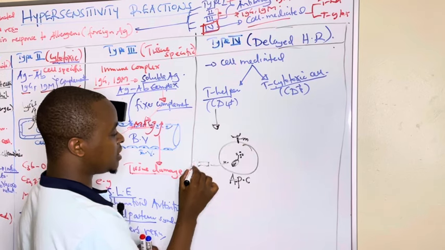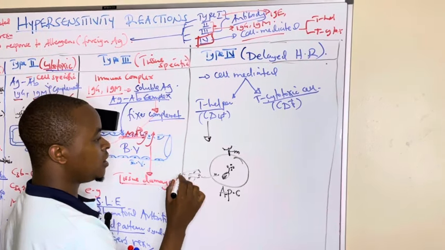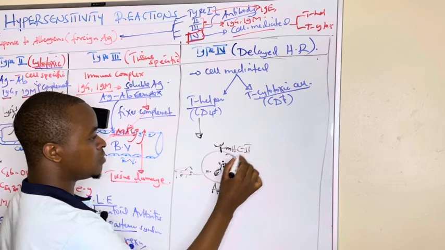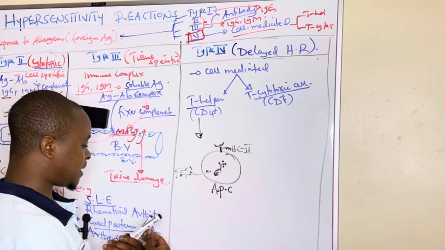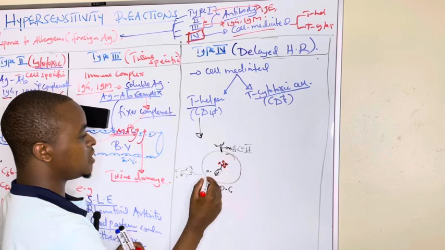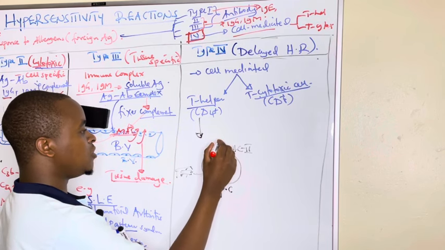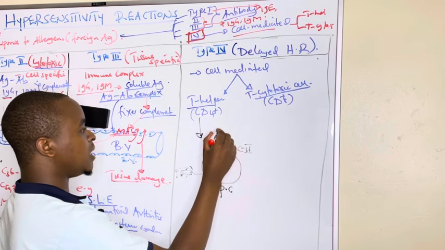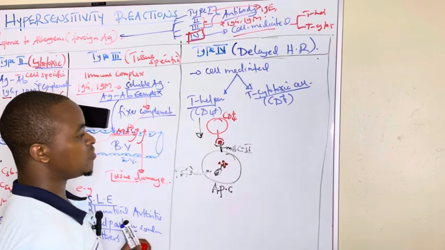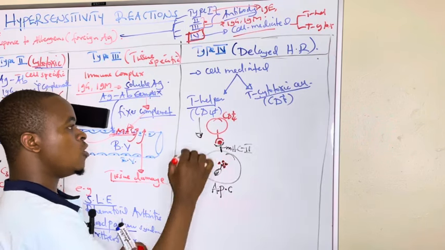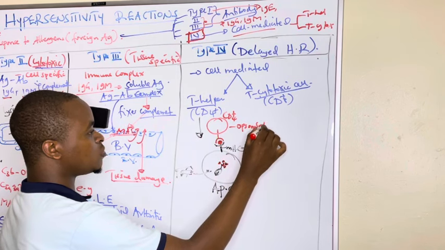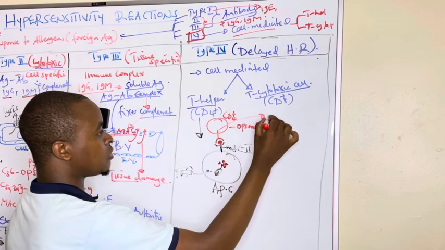If it is a bacteria from the extracellular fluid, MHC type 2 presents a portion of the peptide from the bacteria on the surface, and the CD4 positive cell comes and binds, causing what we call opsonization. But it does not only cause opsonization, it also produces what we call cytokines.